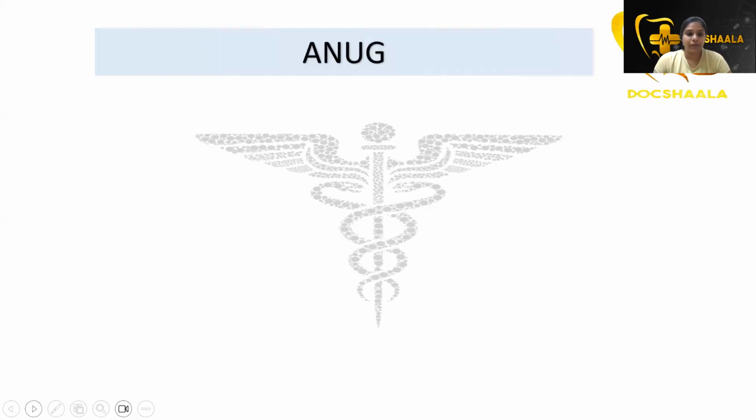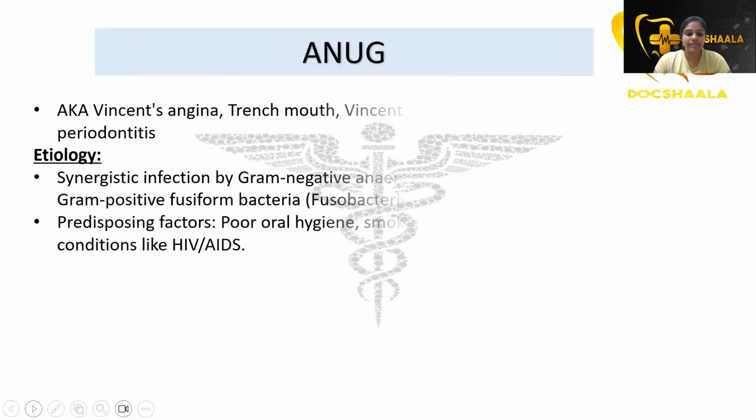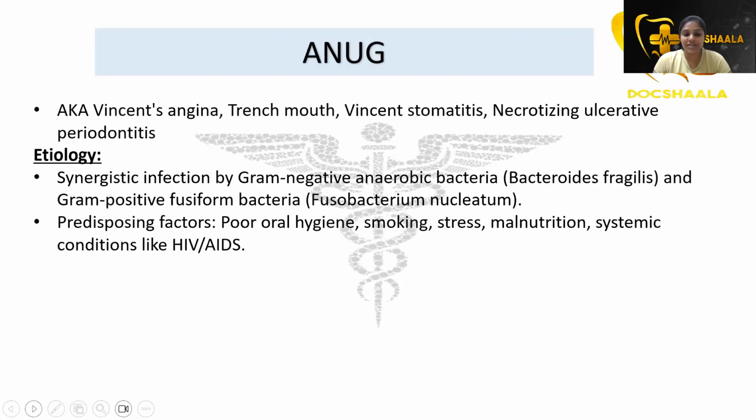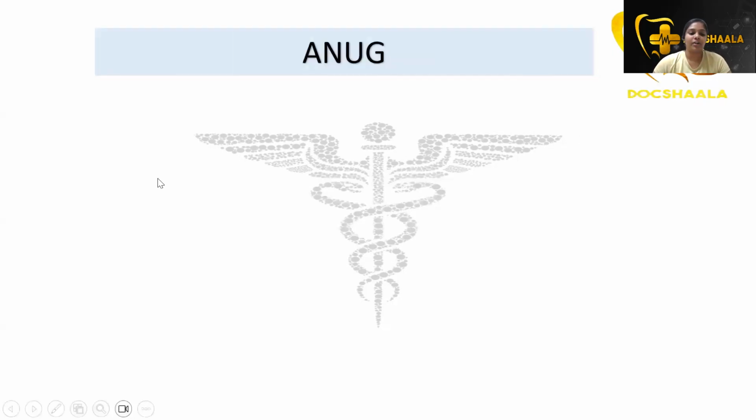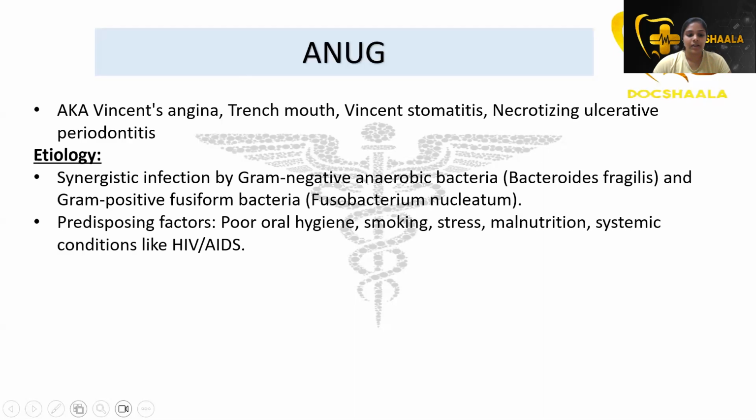Okay. So what is ANUG? It is also known as Vincent's angina, French mouth, Vincent's stomatitis, necrotizing ulcerative periodontitis. So the etiology is gram-negative anaerobic bacterial infection, especially Bacteroides fragilis, and gram-positive organisms such as Fusobacterium nucleatum.